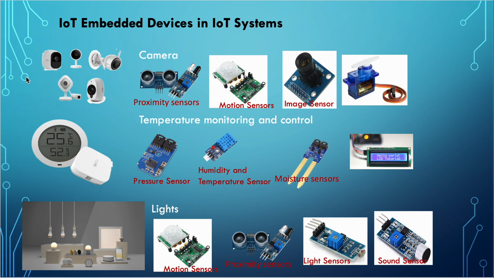Then we have proximity sensors and motion sensors. I put these two examples here mainly because there are cameras that switch on or highlight the image which has movement in it, right?